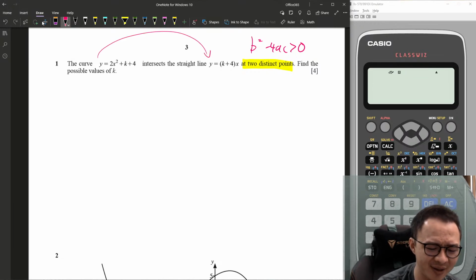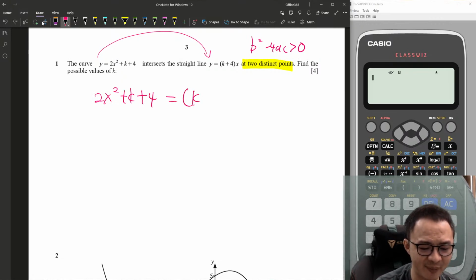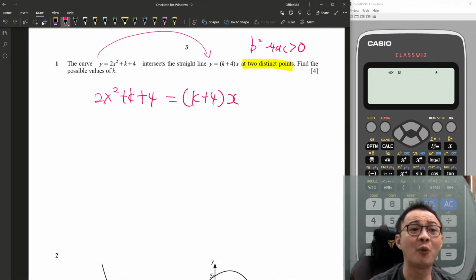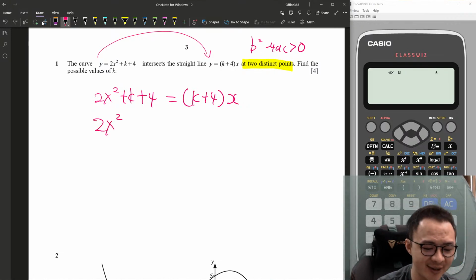So I have something like 2x squared plus k plus 4 equals k plus 4 times x. Then I want to rearrange them into the general form of the quadratic, and only then can I decide what my a, b, and c values are.